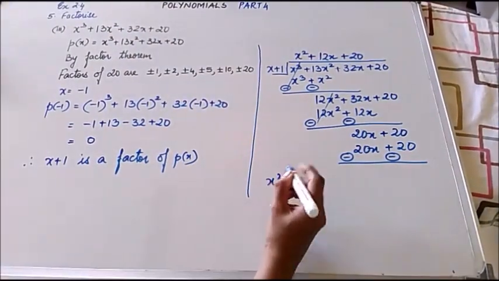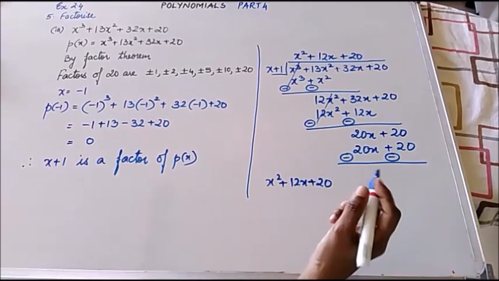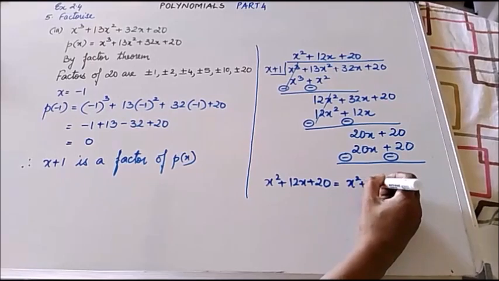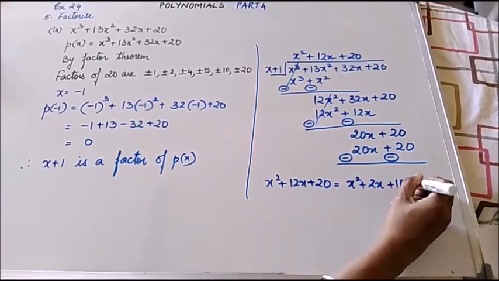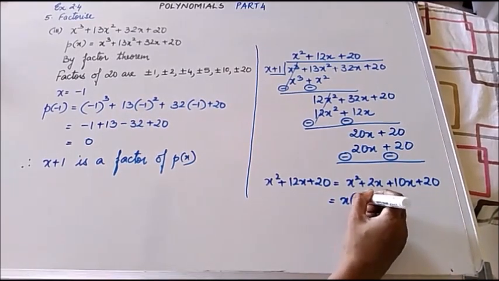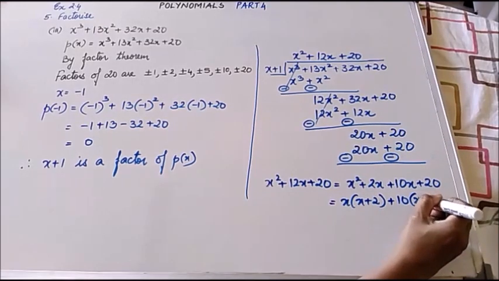Now what you should do? We should factorize x square plus 12x plus 20, which we will be doing by splitting the middle term. This will give us x square plus 2x plus 10x plus 20. Your common is x plus 2. Your common is 10, x plus 2.